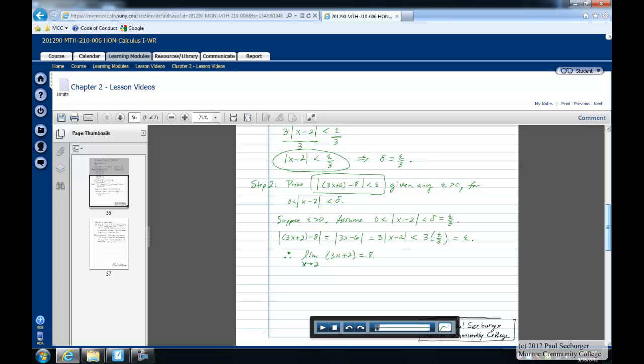And that's what we're hoping to show. We sort of know we're going to be able to do it here, but we do a little work just like we did up above. Get it written in terms of absolute value of x minus 2. Replace that with what it's less than. Put a less than sign to show the inequality here. And then 3 times epsilon over 3 is epsilon. We've shown that the original absolute value of f of x minus L is less than epsilon, given this choice of delta.